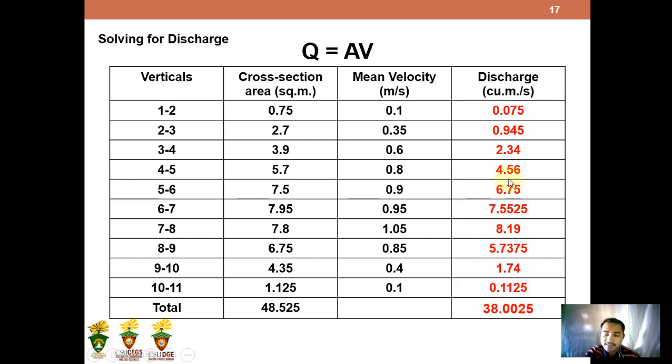And to get the overall discharge of the stream at that specific range line, or specific location, we are going to get the sum of the discharges between the verticals, and the summation of these discharges leads to 38.0025 cubic meter per second. So this will now be the answer for the question letter B.